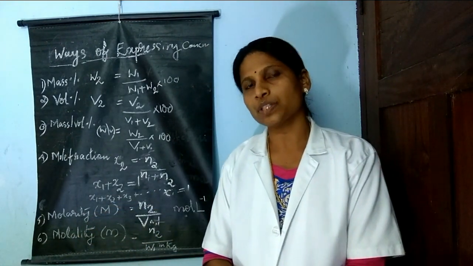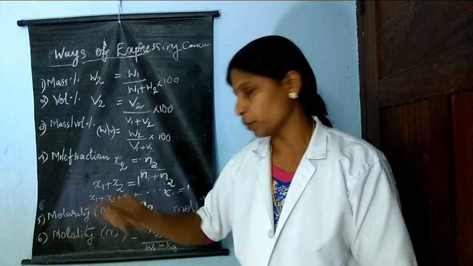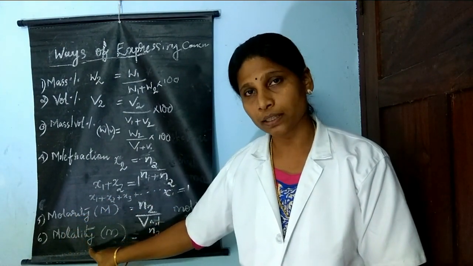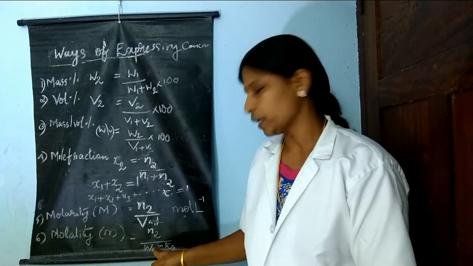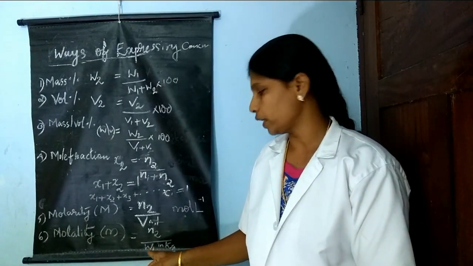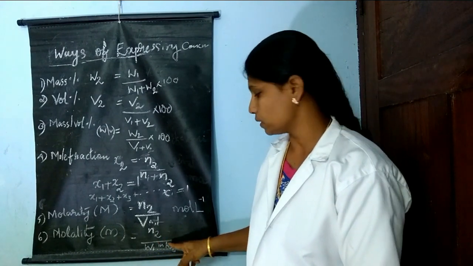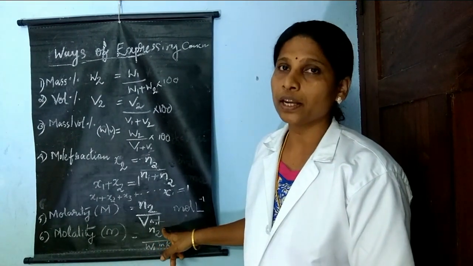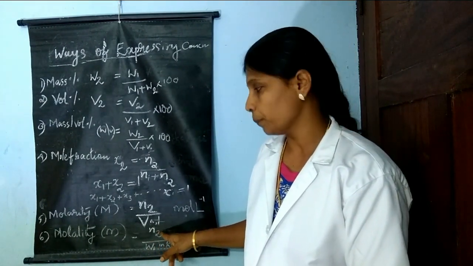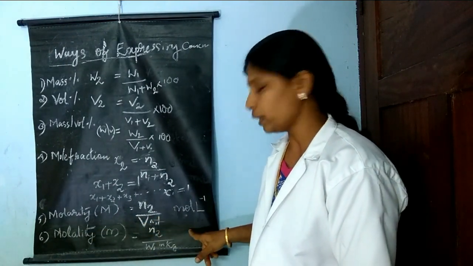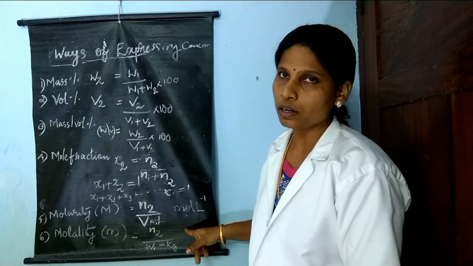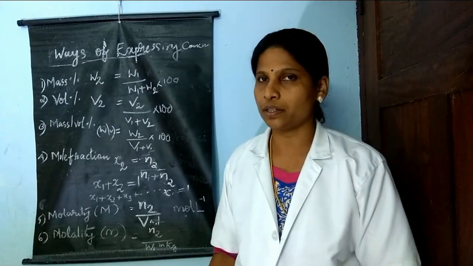In the case of molality, we are considering weight of solvent in kilogram. W1 denotes the weight of solvent, represented in kilogram. N2 be the number of moles of solute. And here the unit of molality is moles per kilogram, mole kilogram raised to minus 1.